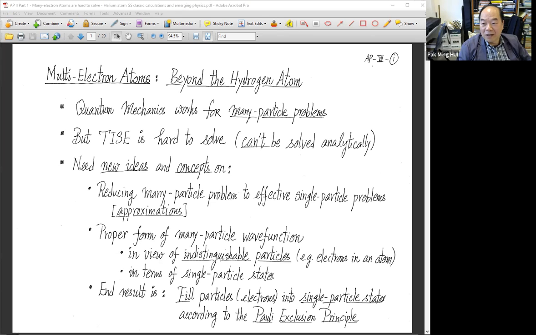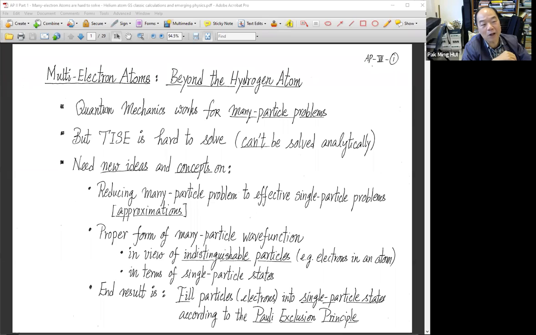However, there are ninety-something atoms beyond hydrogen in the periodic table: helium, lithium, beryllium onwards. So is it possible to do some quantum mechanics on these multi-electron atoms?